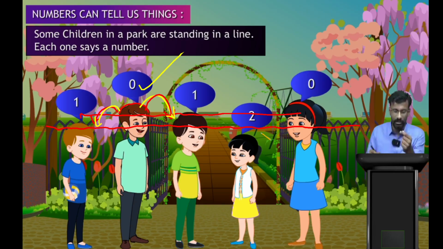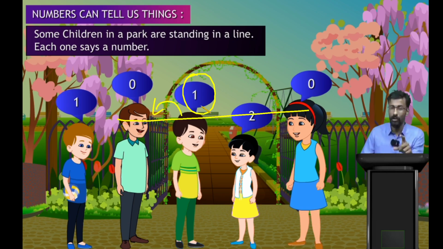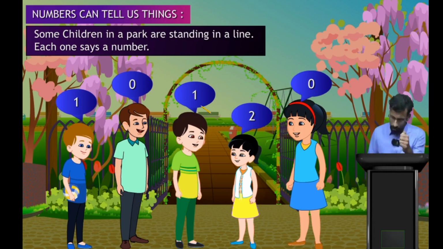So that's why he is saying 0, because it means zero taller persons are standing in the neighborhood. Similarly, for that one, 1 means one taller person, because she is shorter than him. So that's why we are taking 1.